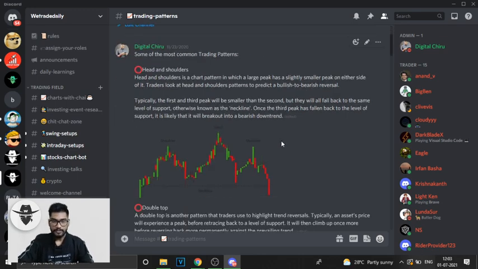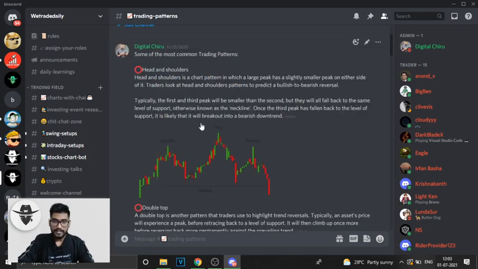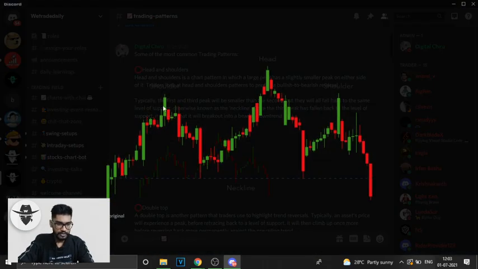The first chart pattern, one of the most commonly used, is head and shoulder. What is a head and shoulder pattern? If you look at the chart carefully, you will see a bullish trend which gets converted into a bearish trend. It makes a left shoulder in the market. Then you have another bullish trend which goes higher than the previous high, and it falls back and forms another swing low.